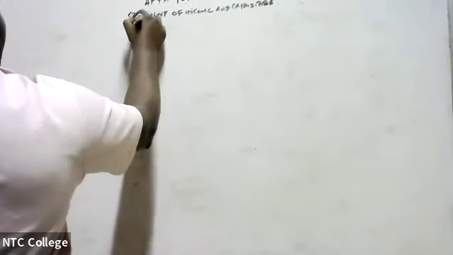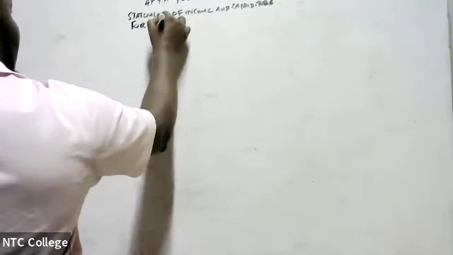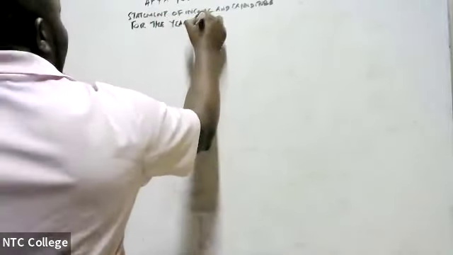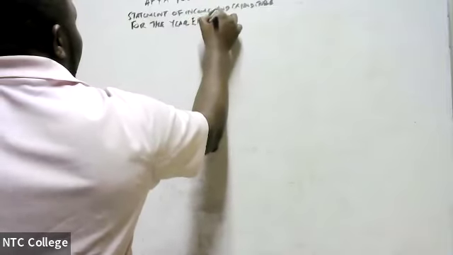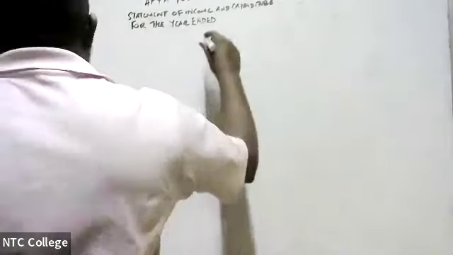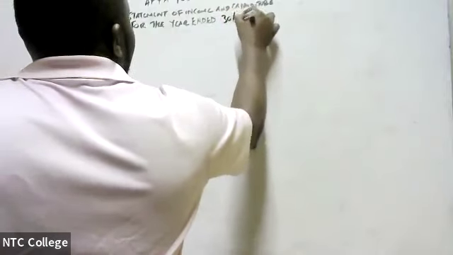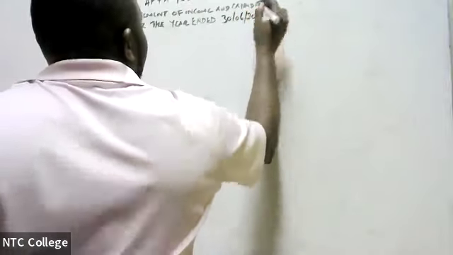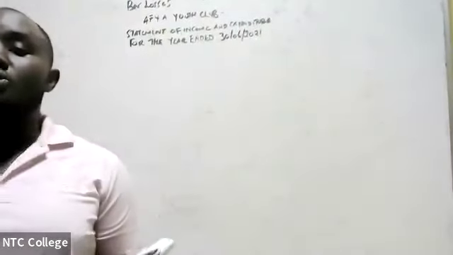Then you say for the year ended 30th June 2021. We are okay. For the year ended 30th June 2021.